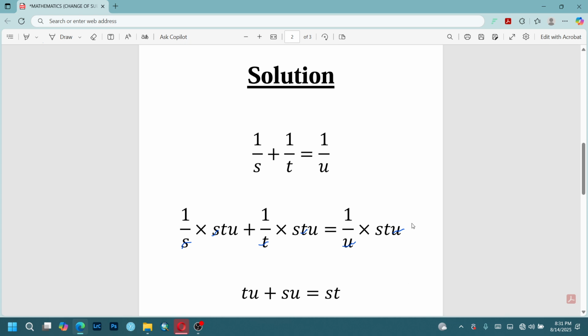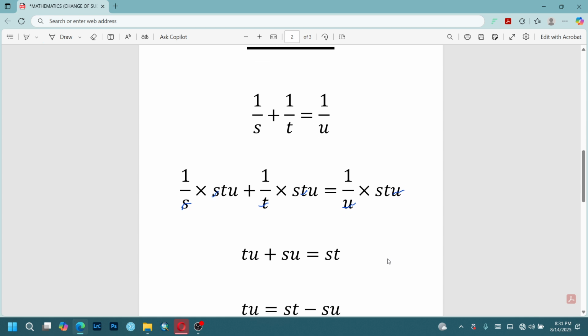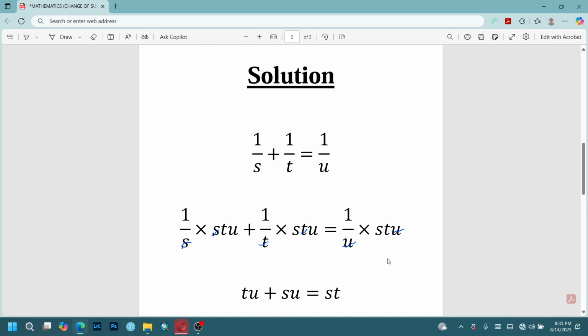And remember, we are told to make s the subject of the relation. So that means we have to let s stand on its own. When you look at our newly formed equation, TU plus SU equals ST, we could tell that s could be found in ST and also in SU, so among two separate variables.